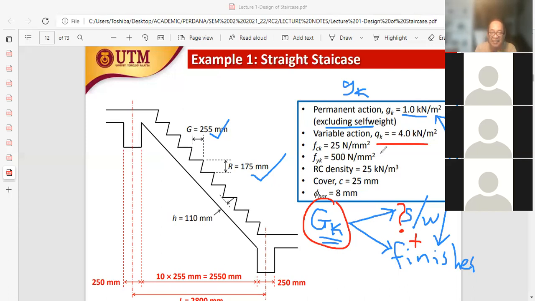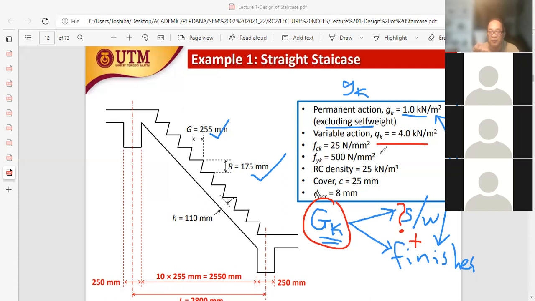So for QK for schools, for staircases, we could use a value which is higher than 3.0 kilonewton per square meter. Maybe we use 3.5, maybe even 4.0. Okay, so that is how we justify our loading.